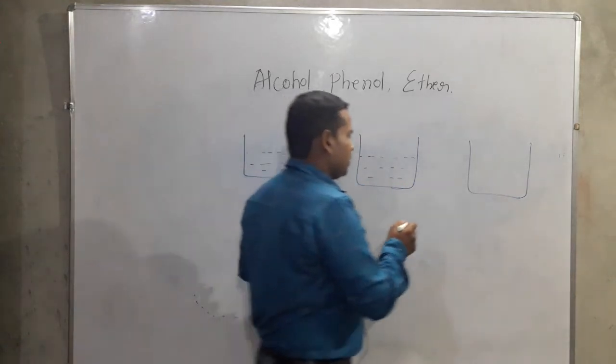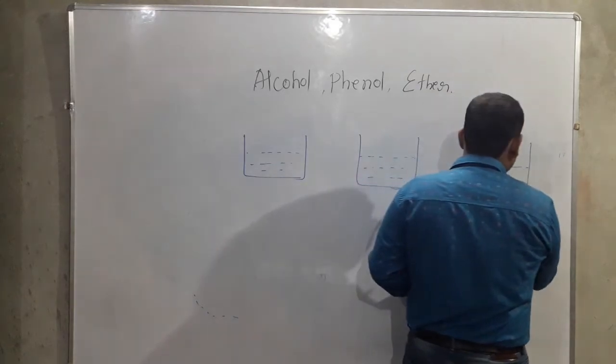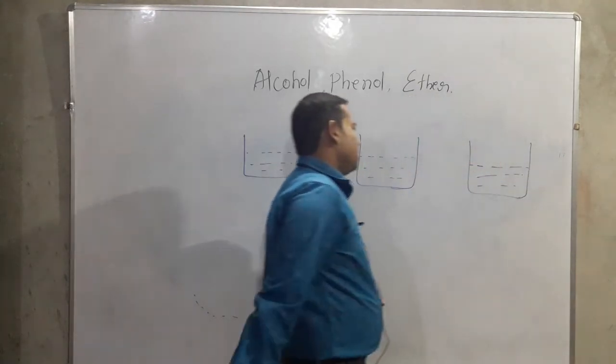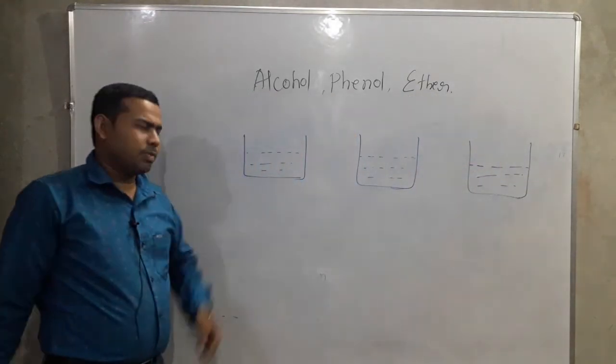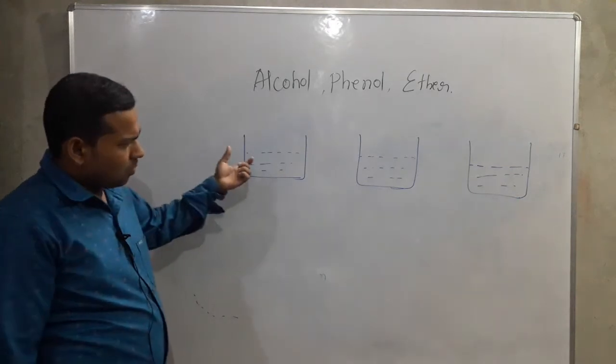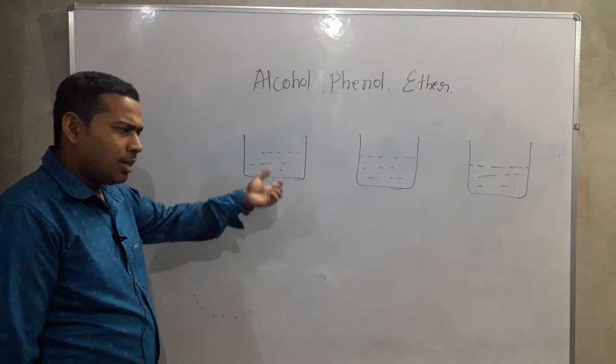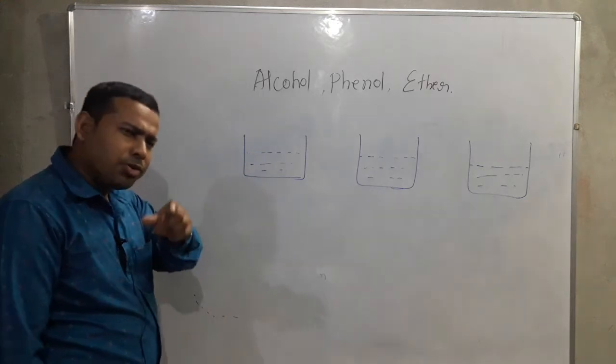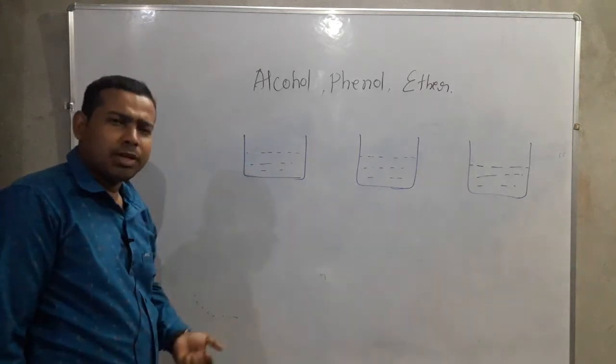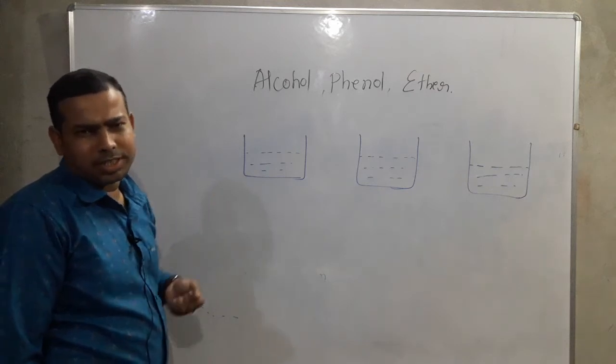Special smell is also there because this is an alcoholic group. All the alcohols show a similar smell. Among them, one container contains primary alcohol, another secondary, another tertiary. So how will you identify which one is primary, which is secondary, and which is tertiary?